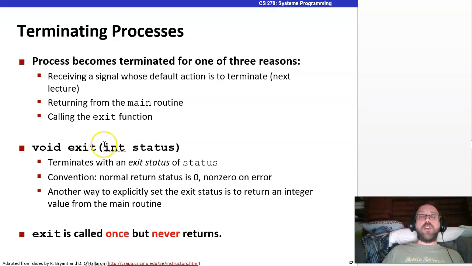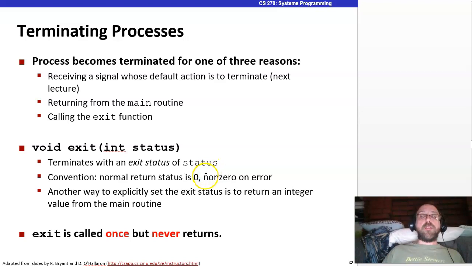It takes a numerical exit status. By convention, an exit status of 0 means the program terminated normally, and non-zero means there was some kind of error. So for example, if I run ls and everything goes well, its exit status will be 0. But if I run ls and give it a file name or a directory name that doesn't exist, it will have a non-zero exit status indicating the error.